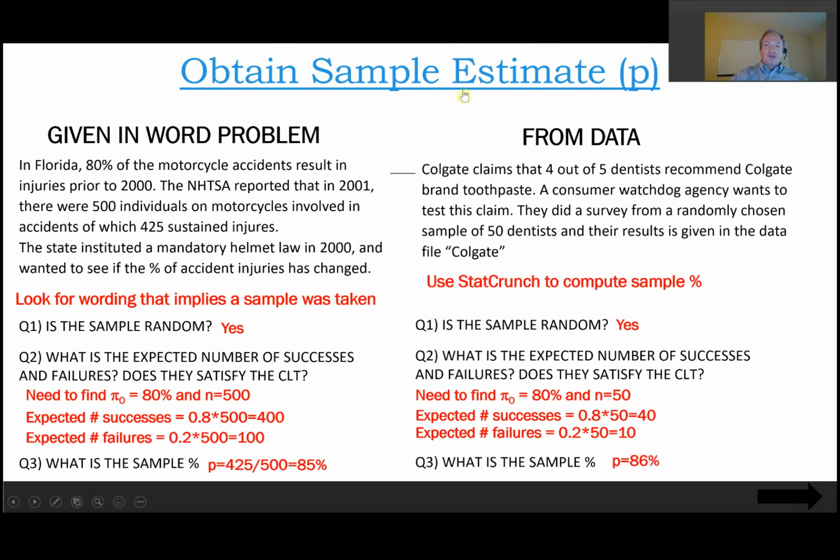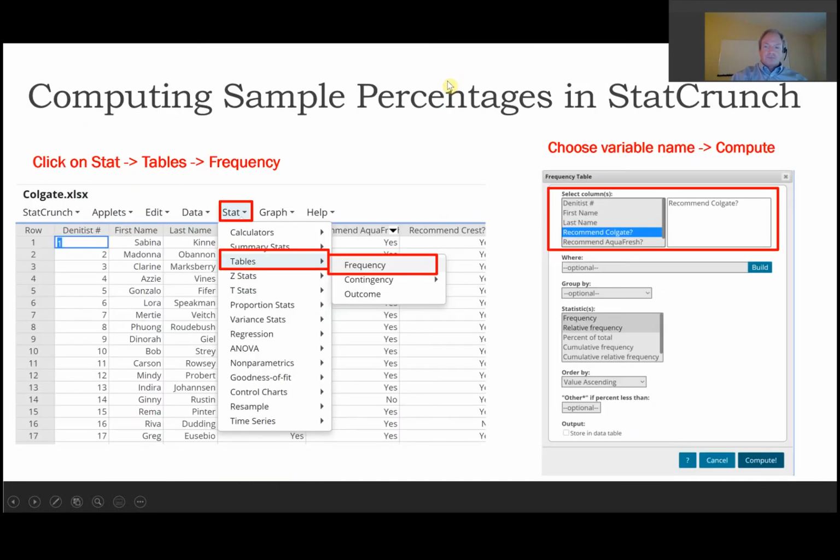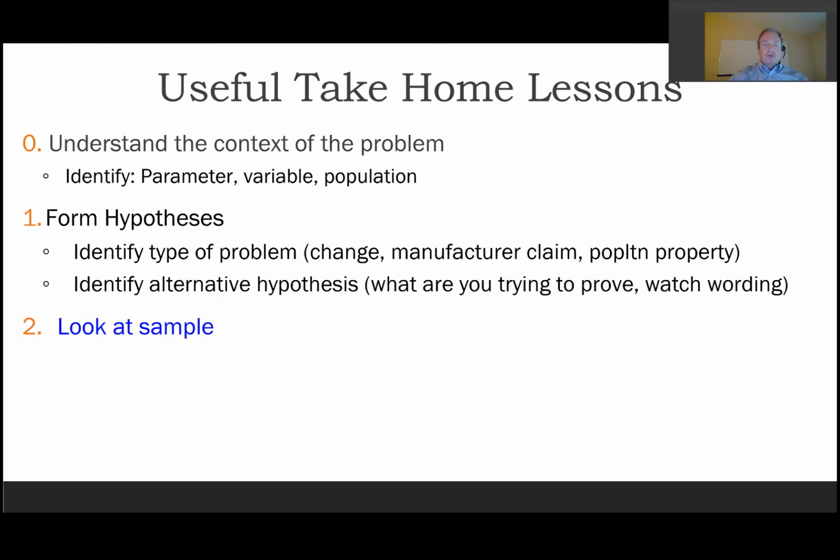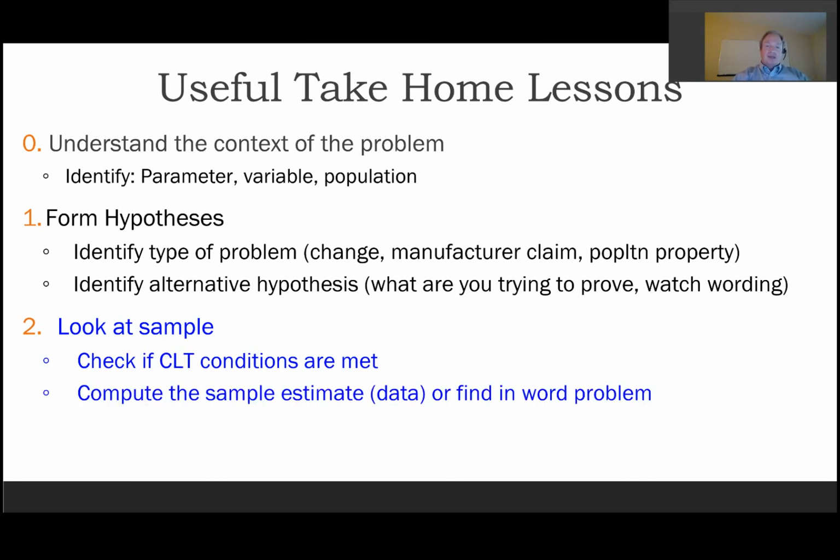So a good thing to do in general is to, after we form the hypothesis, look at the sample. Check if the central limit conditions are met. Okay. You already know pi naught from forming the hypothesis earlier, and you get the sample size. It's always in the problem statement. Okay. And then compute the sample estimate from the data, or find it in the word problem if it's a summary statistic like it was in the motorcycle scenario.